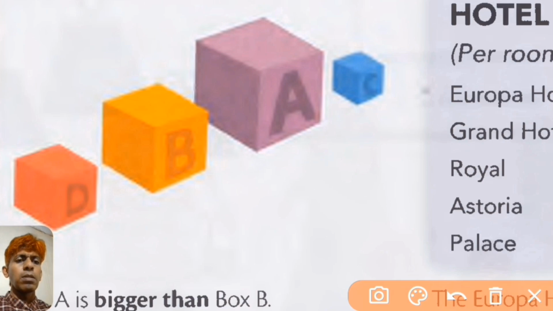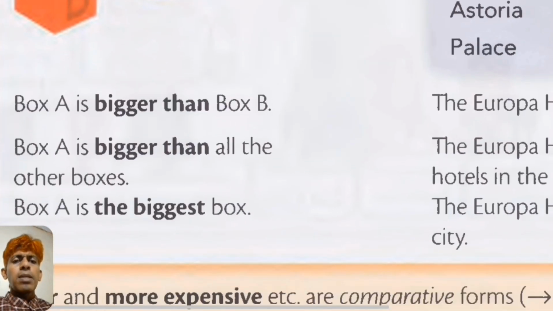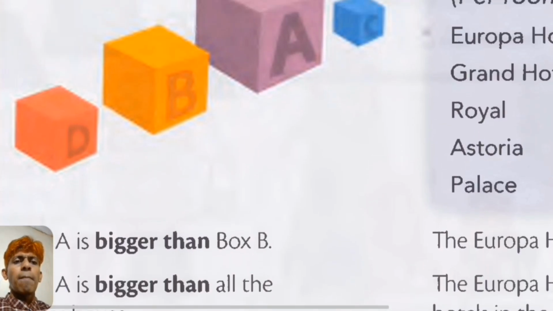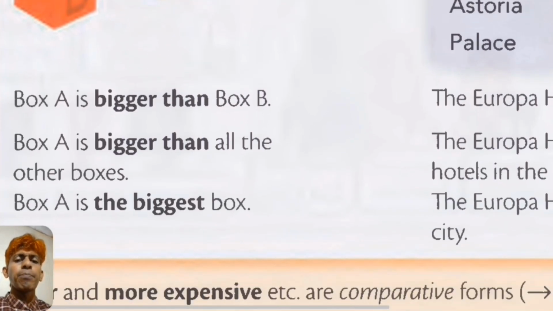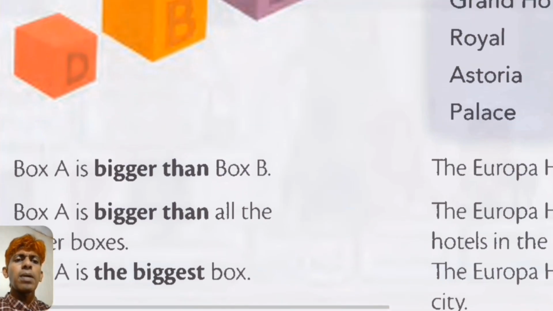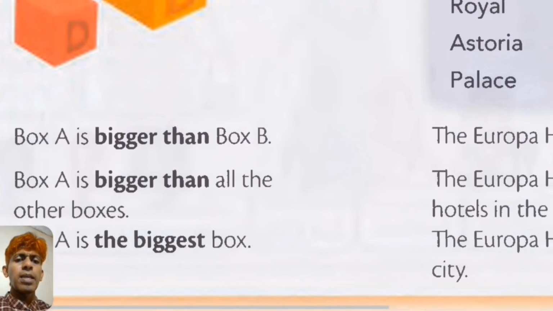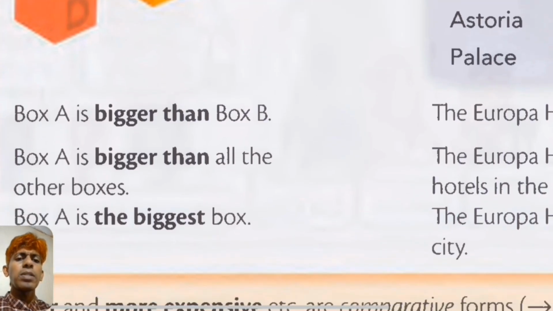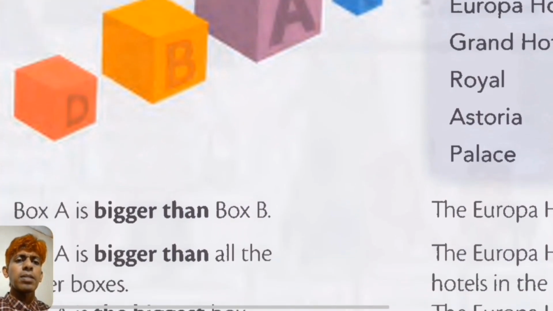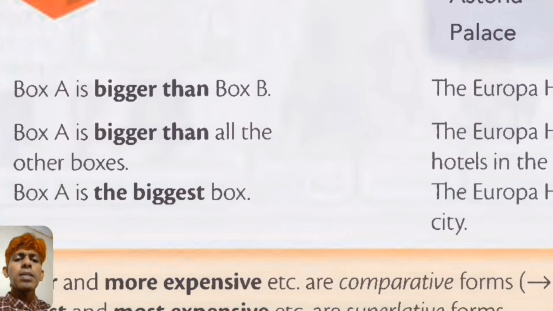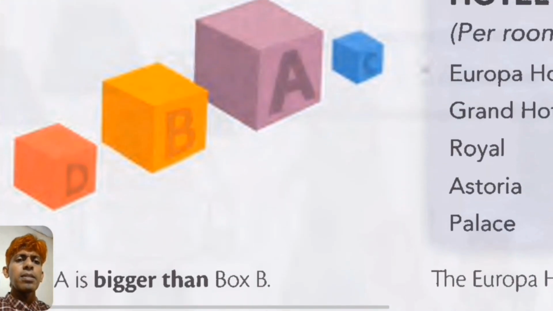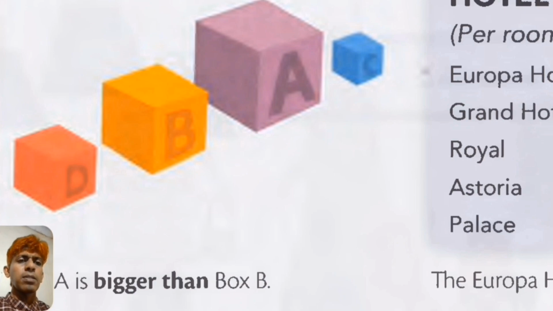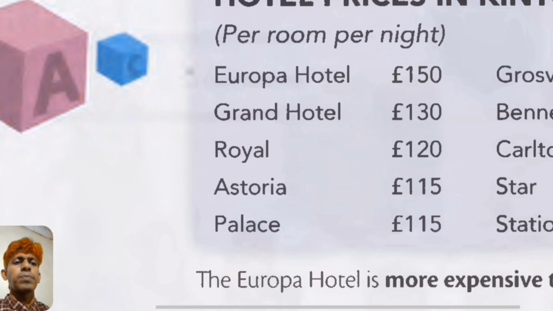Okay, box A is bigger than box B. Box A is bigger than all the other boxes. Box A is the biggest box. Okay, you can understand.